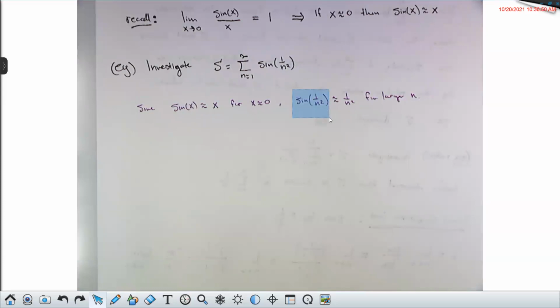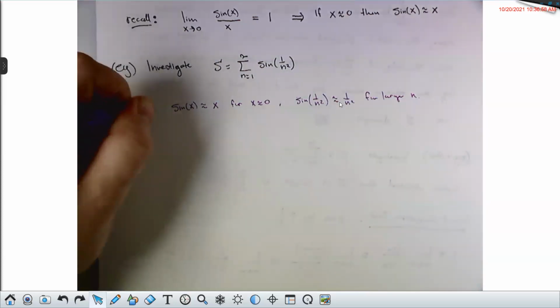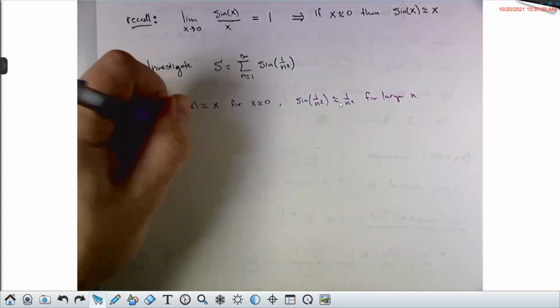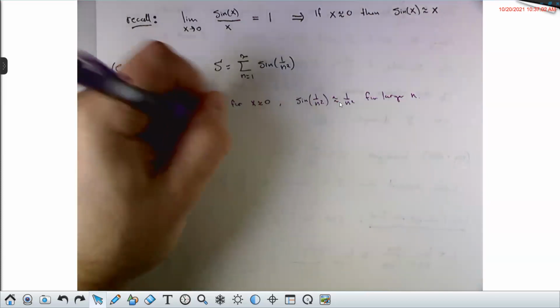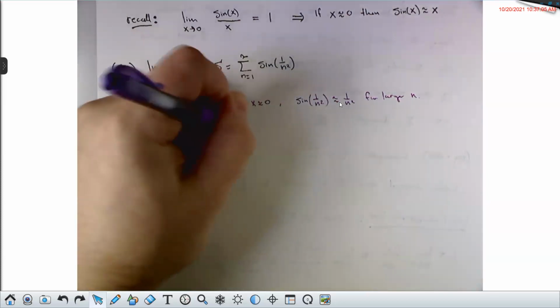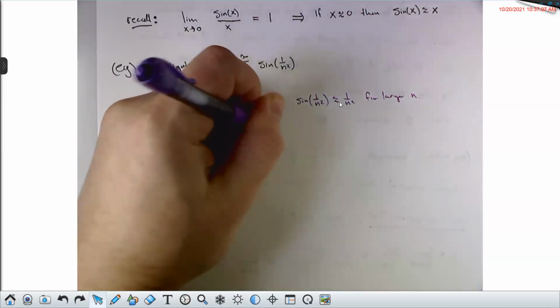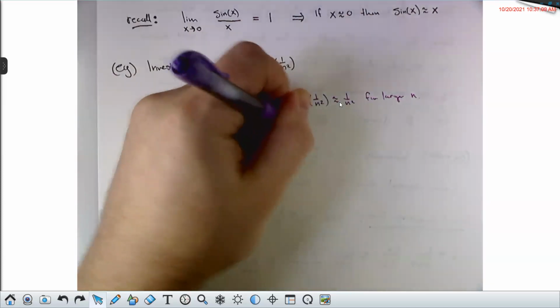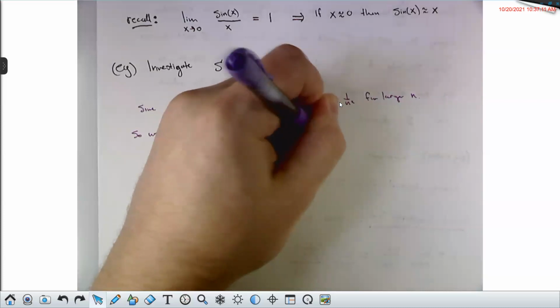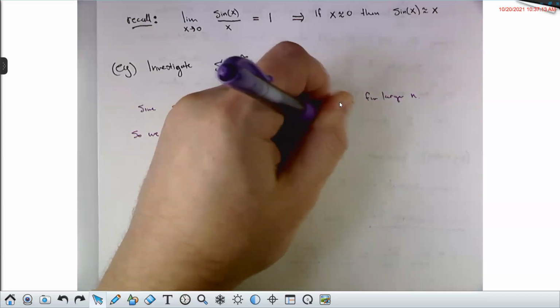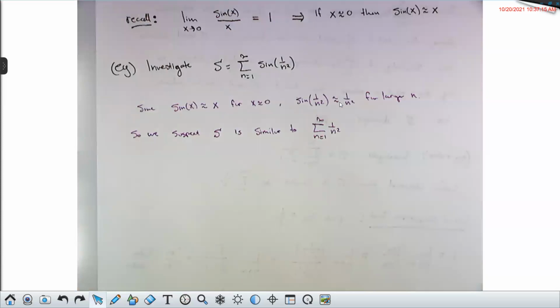So the sine of that thing is very close to that thing itself. So we suspect that S is similar to the P series, the sum from n equals 1 to infinity of 1 over n squared.